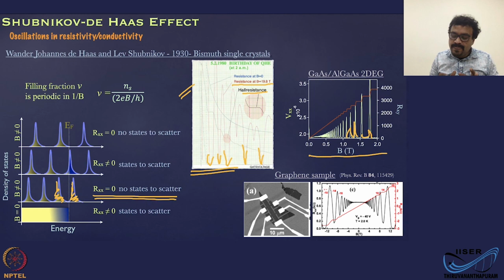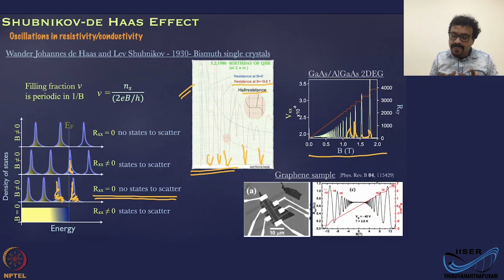But here, when the Landau level passes through, then there are states. So, of course, given the broadening of the temperature, that is why you get broadening of all these Landau levels. That is basically caused by the broadening of temperature mostly. So, then you have states here.